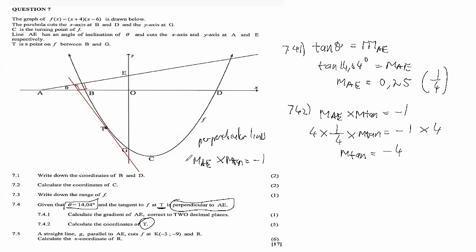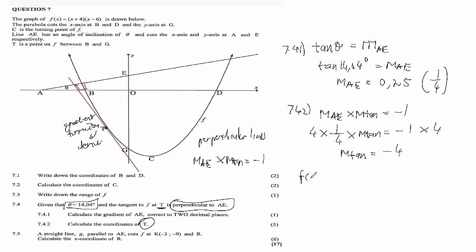So this is the part where we get to use the gradient formula, the equation of the derivative. This is where we get to differentiate. How do we find the gradient equation?